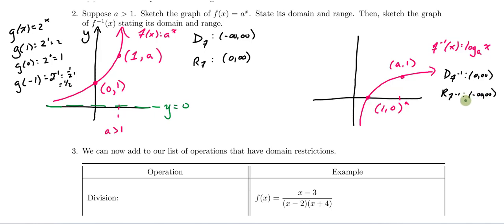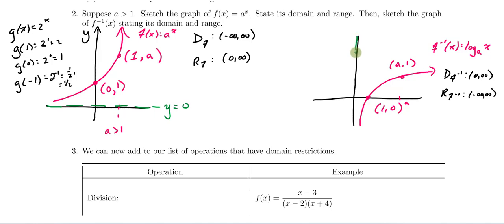Similarly, we can infer this from the graph. But I'm not allowed to plug the number 0 into the logarithmic function, any log, regardless of the base, prior to transformations. If I plug in numbers that are positive and close to 0, I would get large negative numbers.